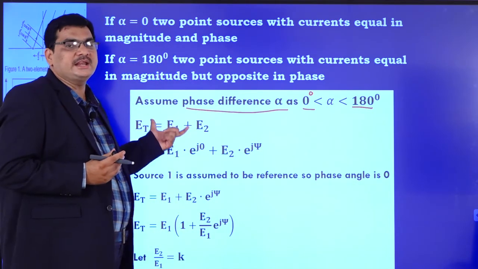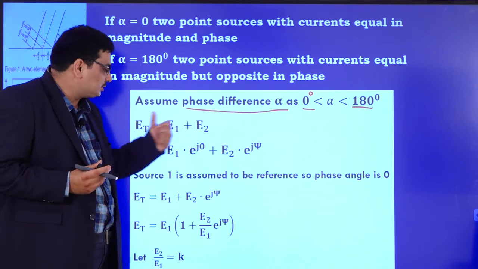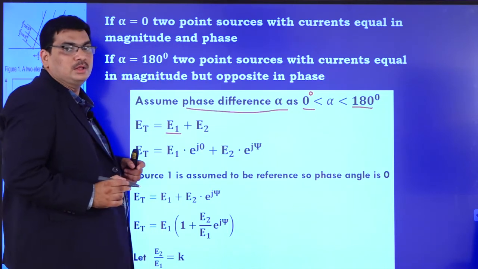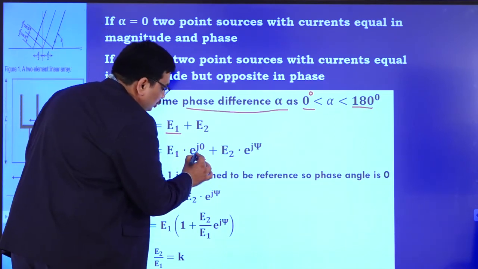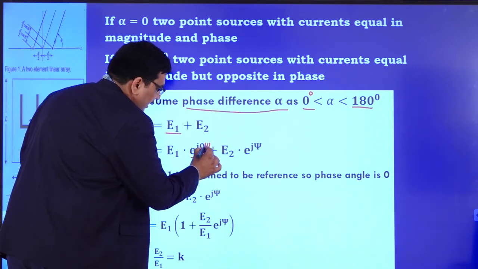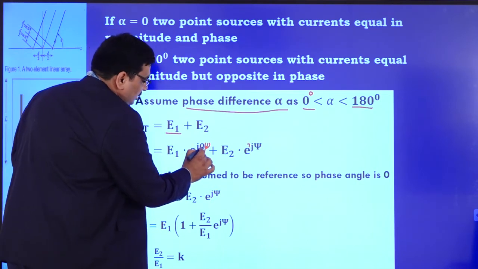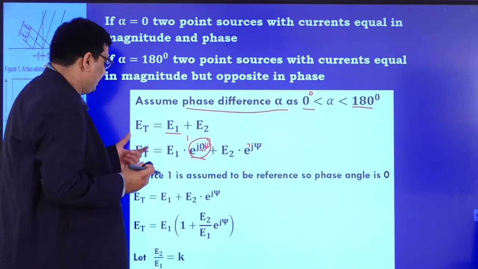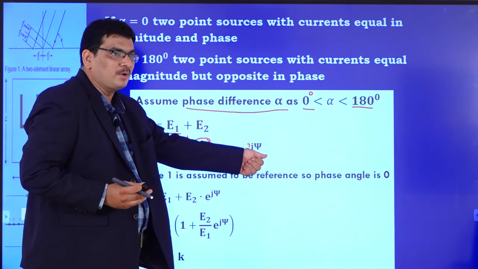So the total radiation field for this case is Et equals E1 plus E2, and we are assuming that E1 is the reference antenna where the phase is 0. So e power j 0 into psi becomes 1. So Et equals E1 plus E2 into e power j psi.